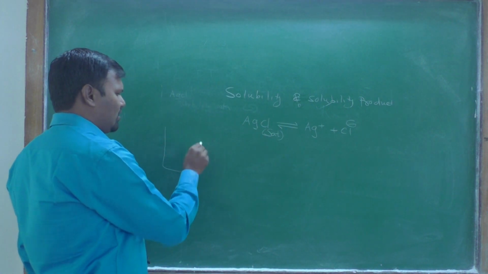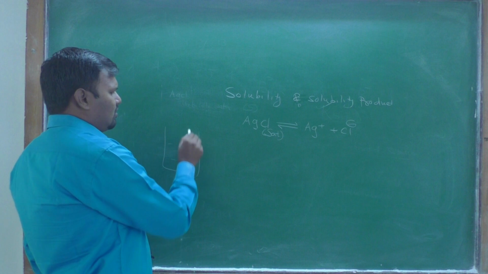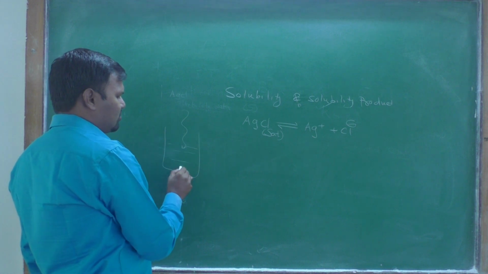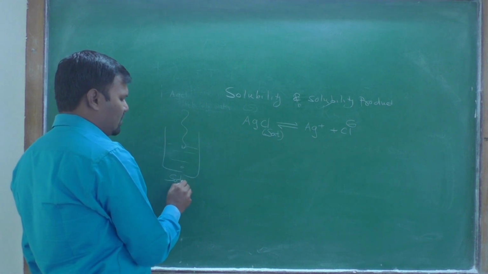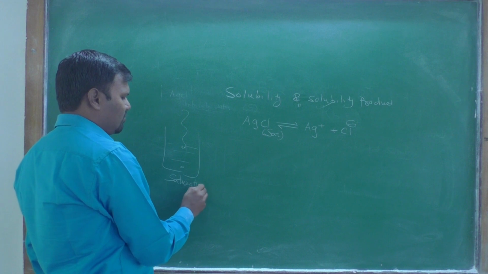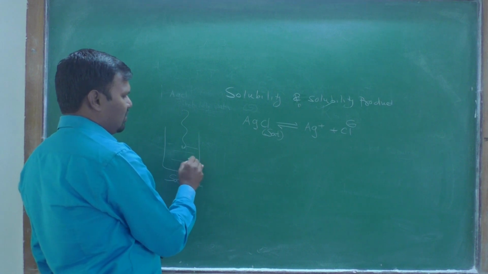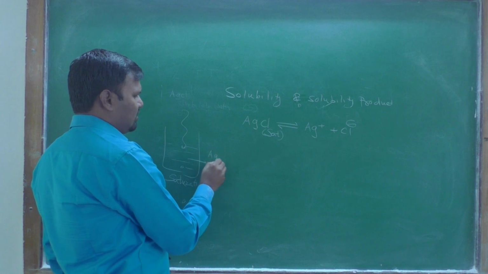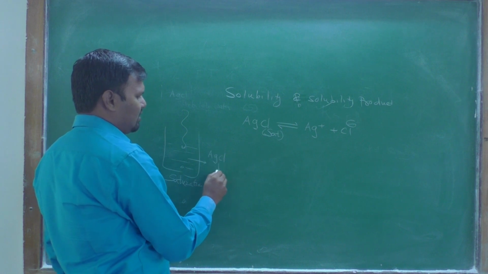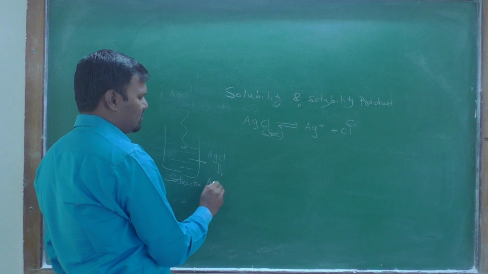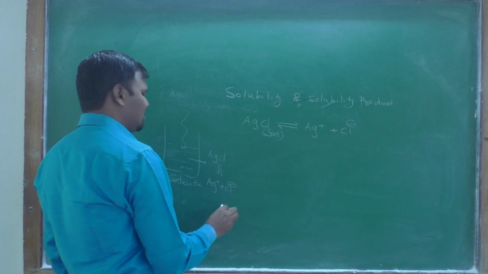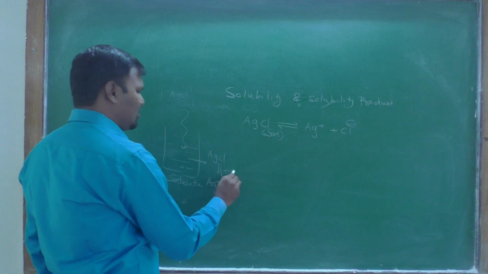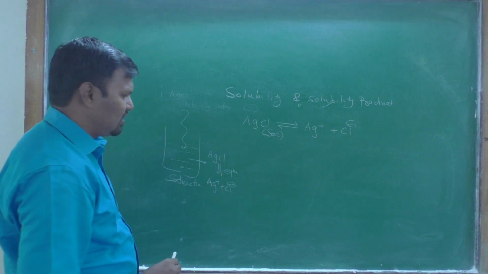When you add AgCl to water, at a particular point saturation is obtained. At that saturation, there is AgCl, Ag plus ions and Cl minus ions, and a dynamic equilibrium exists.